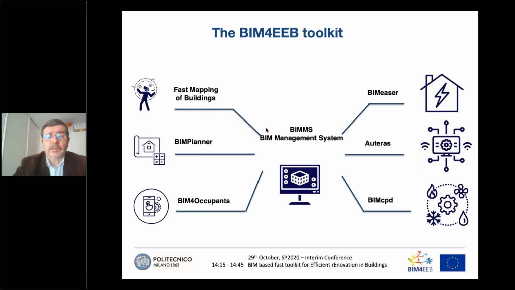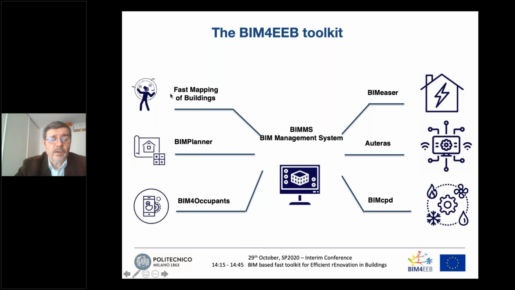The toolkit is now organized like that. We have a central BIM management system, which is developing a list of functionalities. We will see later with one team. Among them, one important thing is to manage and integrate the information coming from the different tools.